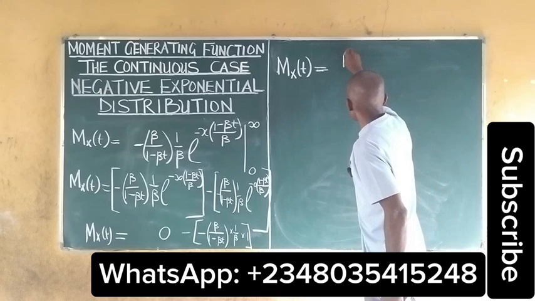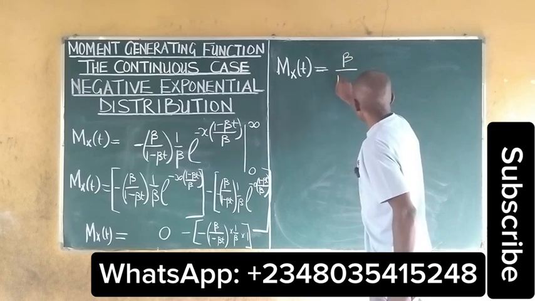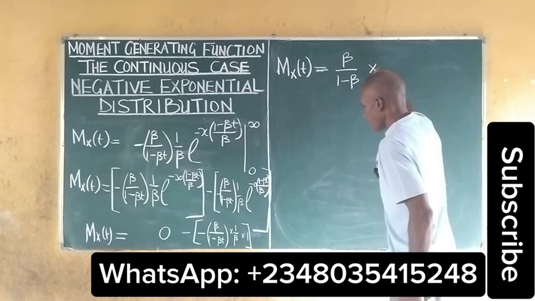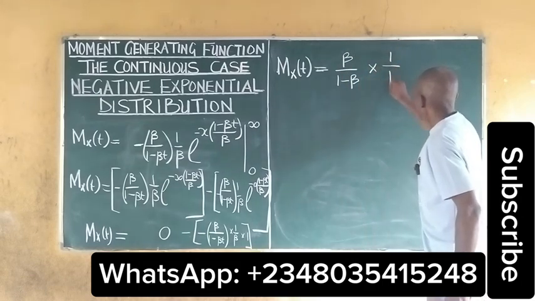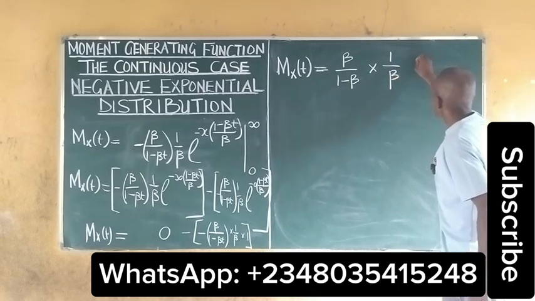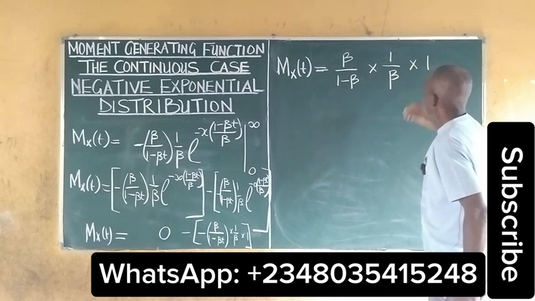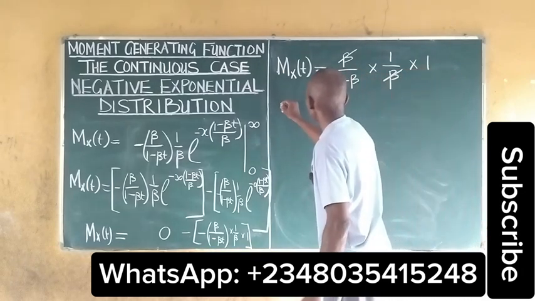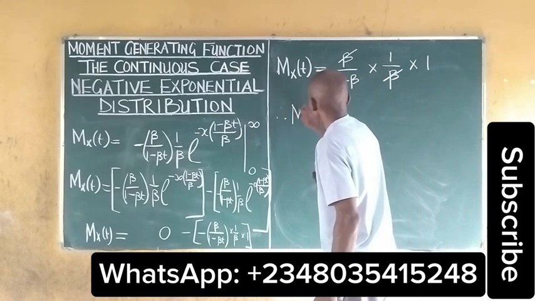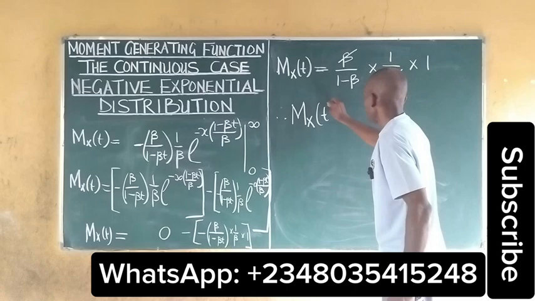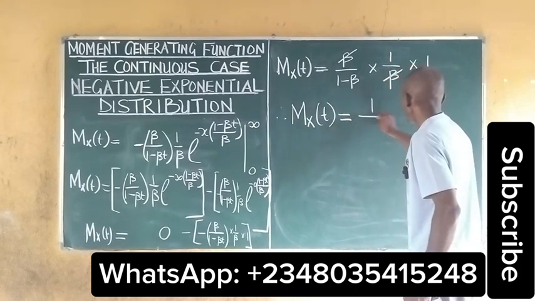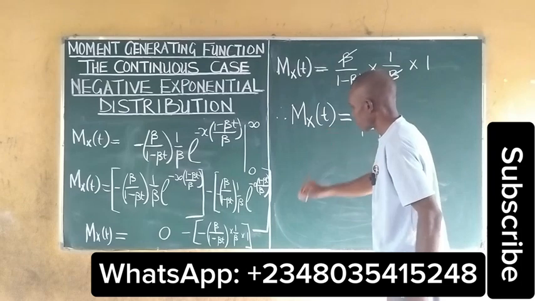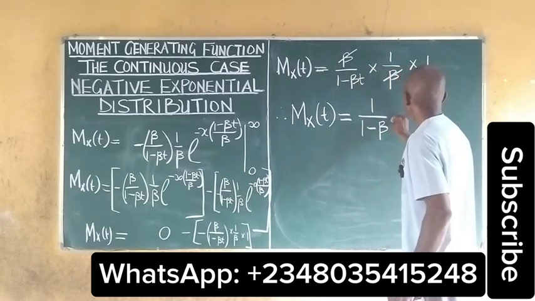So we have beta all over 1 minus beta t multiplied by 1 all over beta and multiplied by 1. So this will cancel this. It then means that, therefore, our moment generating function is equal to 1 all over 1 minus beta t.